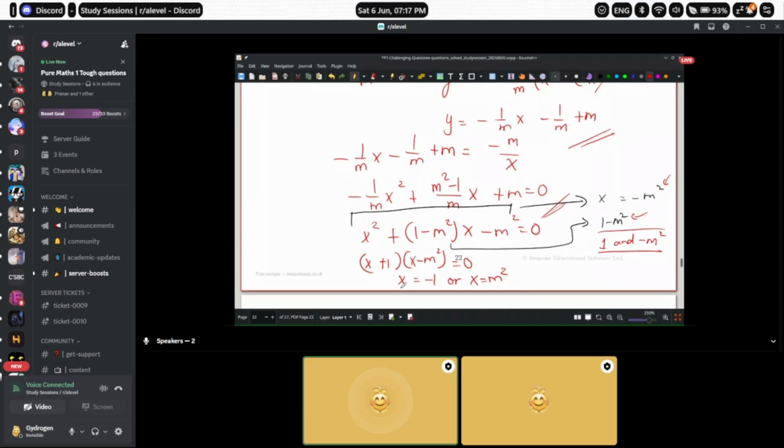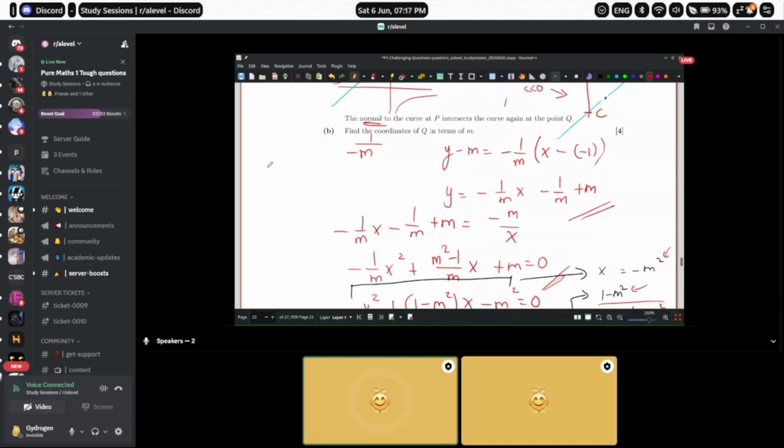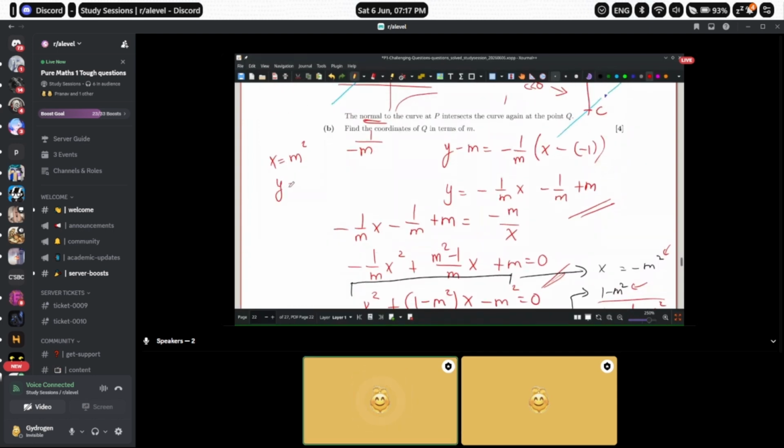X equals minus 1 is P. So then this is the x coordinate of Q. And then using x equals m squared, you can find the y coordinate, which is minus 1 over m times m squared plus m minus 1 over m, which is m minus 2 over m.